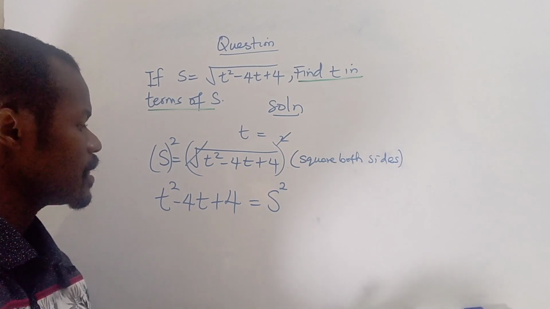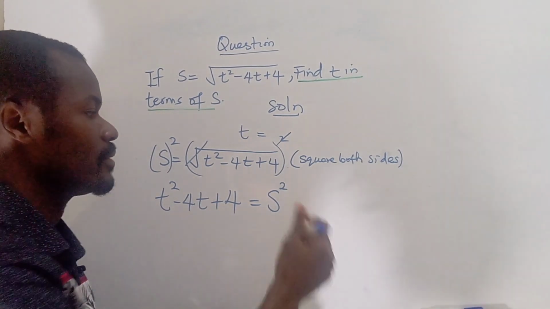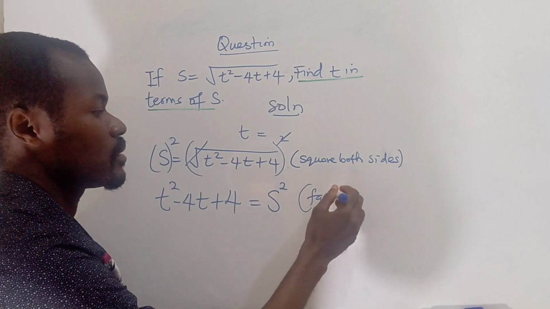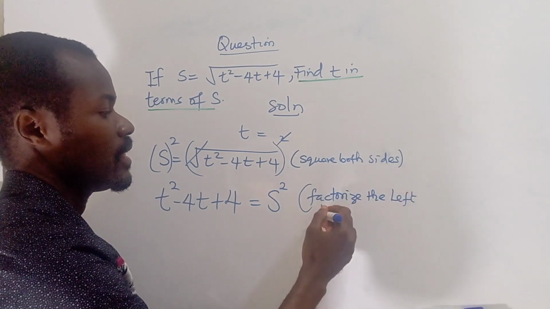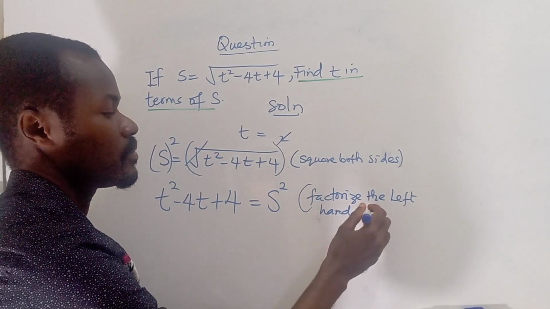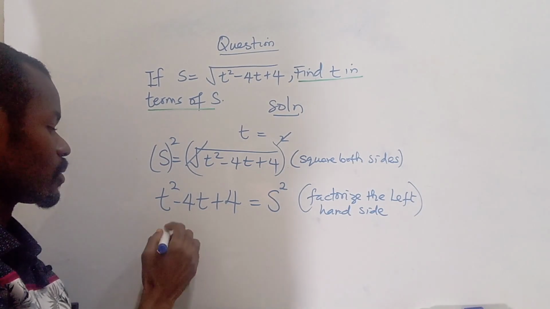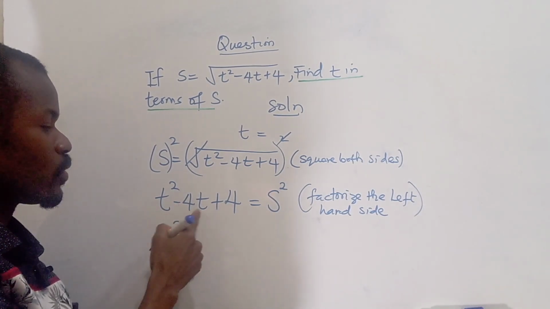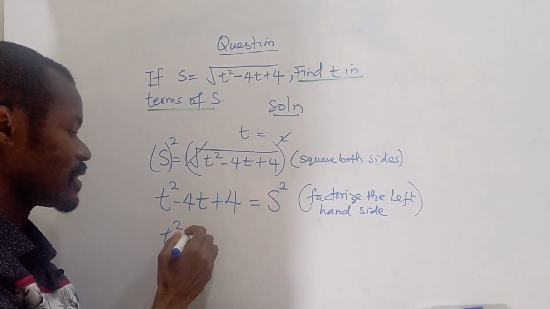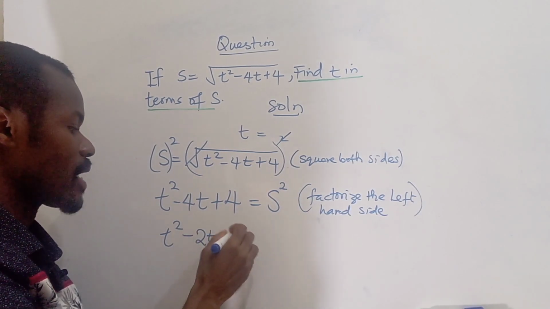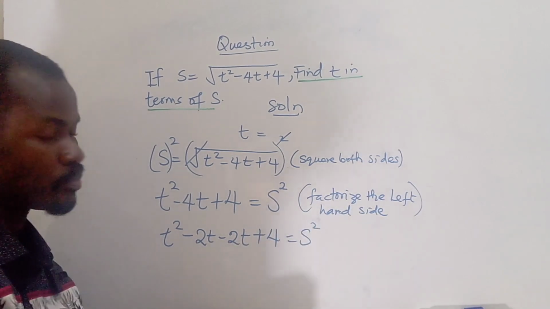Now from this, we can factorize the left hand side. This becomes t squared minus 4t plus 4, which we can express with our understanding of quadratics as t squared minus 2t minus 2t plus 4 is equal to s squared.